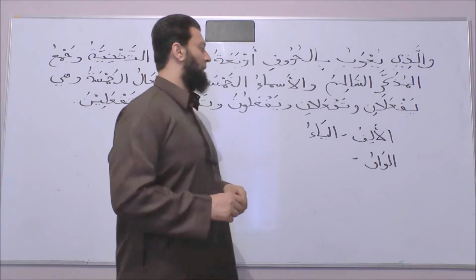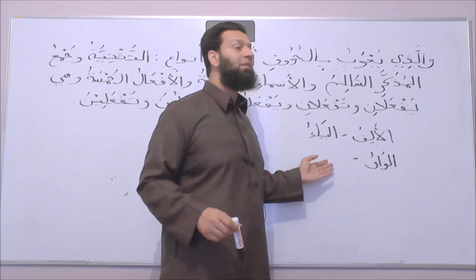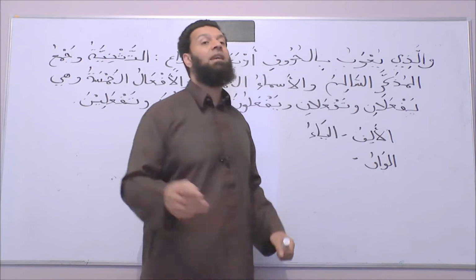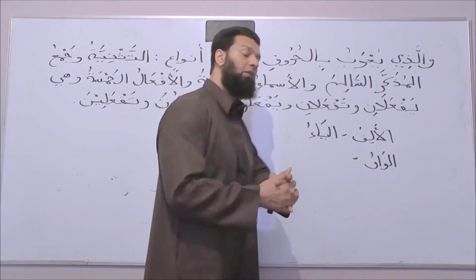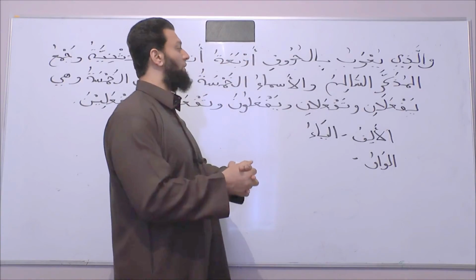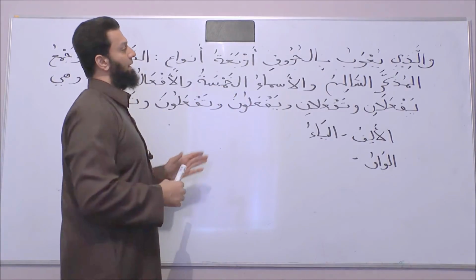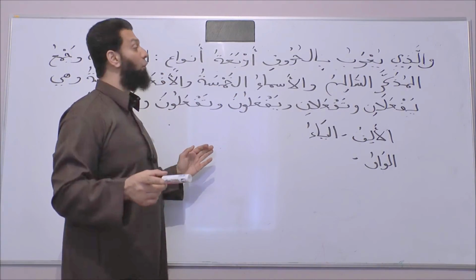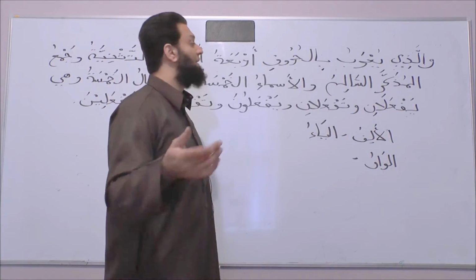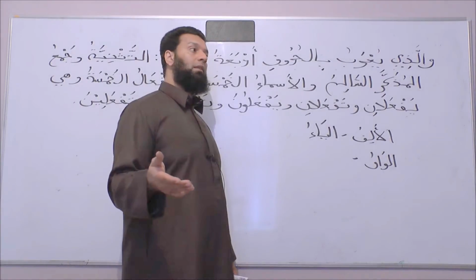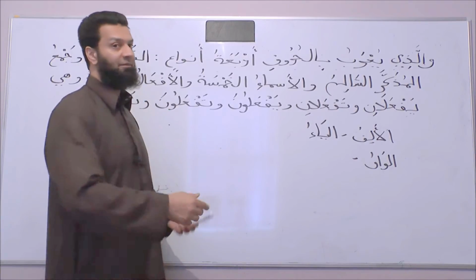Now, note there's a gap here, isn't there? And the reason why there's a gap here is because there's one letter missing. There are four letters, arba'atu al-huruf, which are used to identify the i'rab in these four categories. Well, the fourth one rather is the one here in al-af'al al-khamsah, and we mentioned this before. So what is the fourth one? The noon.